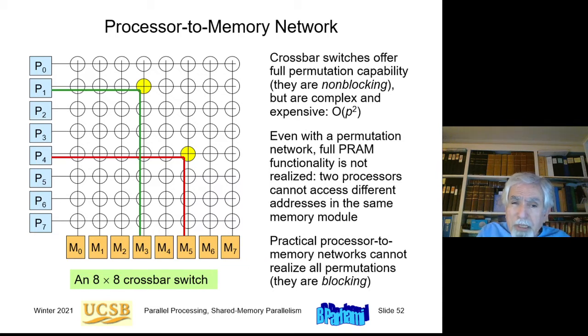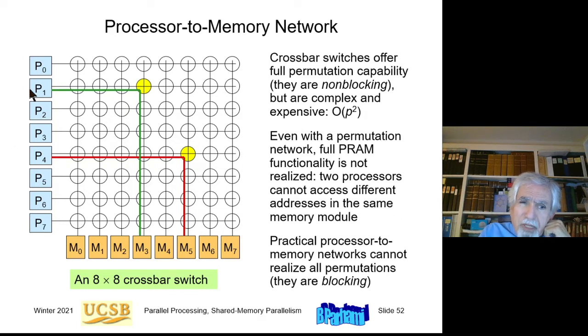Now, this crossbar switch has a cost and therefore energy consumption of order P squared. So if you have P processors, and typically we have the same number of memory modules, P memory modules, the number of switches in this crossbar is order P squared, and therefore its cost grows with the square of the size of our multiprocessors.